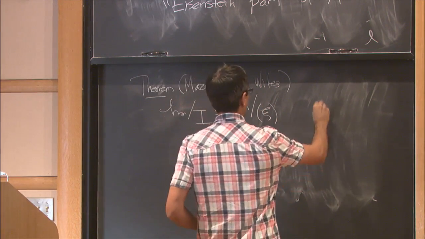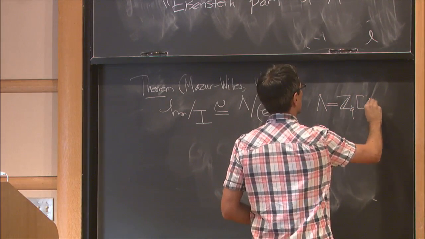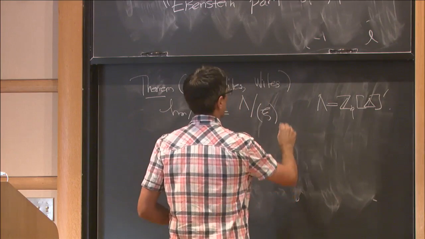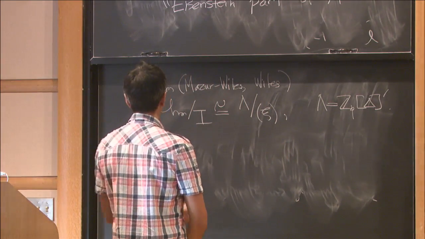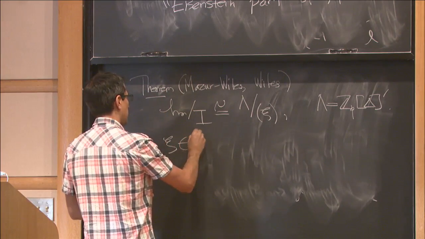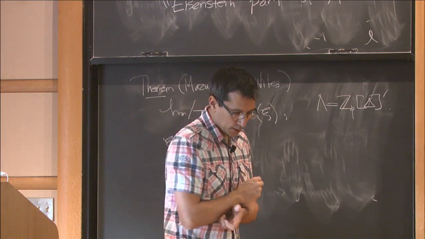So lambda will be the Z_p[Delta'] part, because we removed all the other eigenspaces. And xi in lambda will give me various p-adic L-functions.